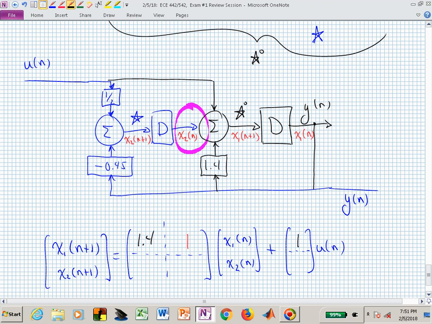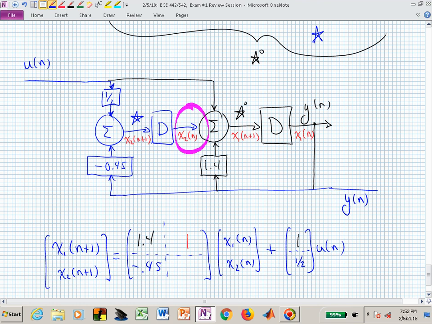What about the second row? This is now the star. The output of that summing junction is X sub 2 of n plus 1. I could now find, going counterclockwise, all of the arrows coming in. Those are the inputs. I have 1/2 times U of n. That's in blue, so I'll try to be somewhat consistent. And I have a minus 0.45.